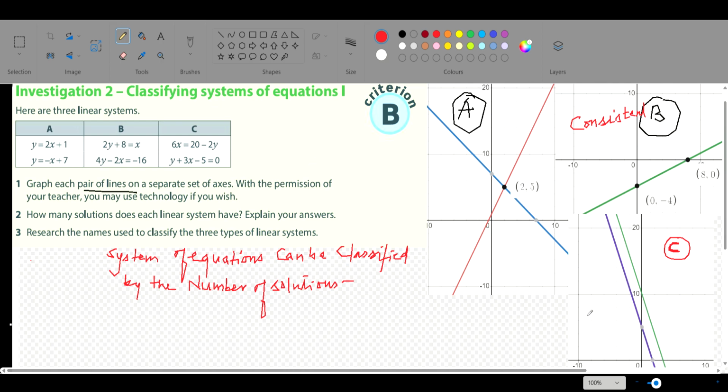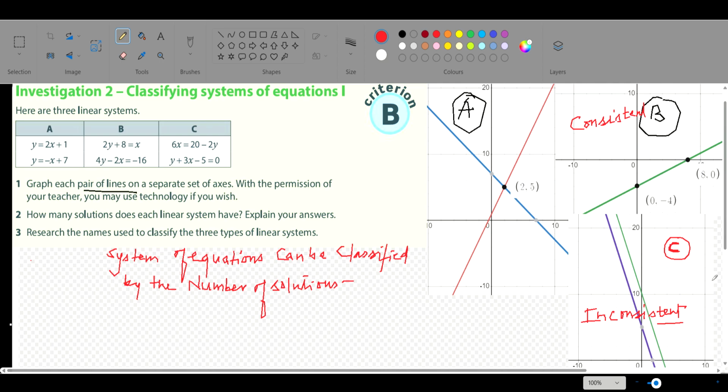When there is no solution, this is known as inconsistent. So an inconsistent system has no solution, basically when the lines are parallel.